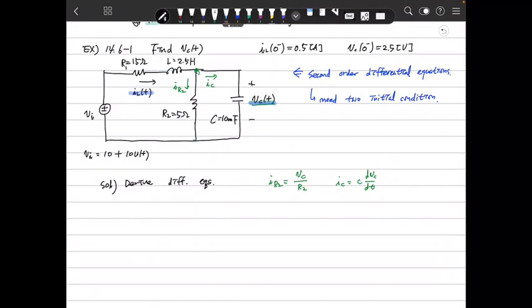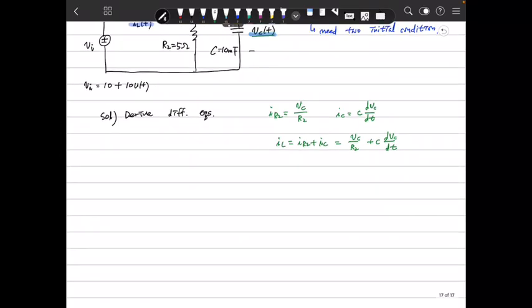Because of KCL, iL is the same as iR2 plus iC. Therefore the first equation is iL(t) = vC(t)/R2 + C dvC(t)/dt.